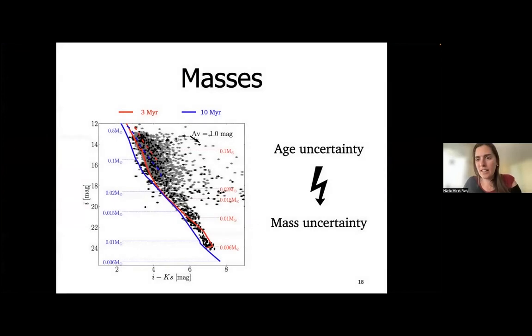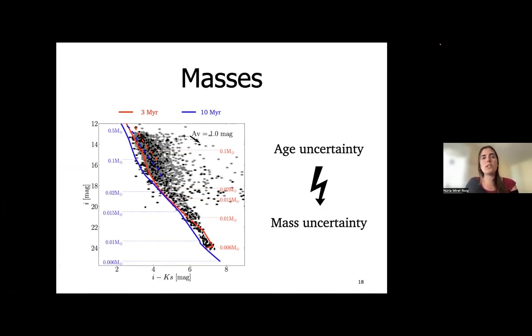You are seeing the slide, right? Yes. Okay, so here basically you are seeing a color-magnitude diagram where I am overplotting all our targets, which are both the black and gray dots here. And there you are also seeing the evolutionary models at 3 and 10 million years.